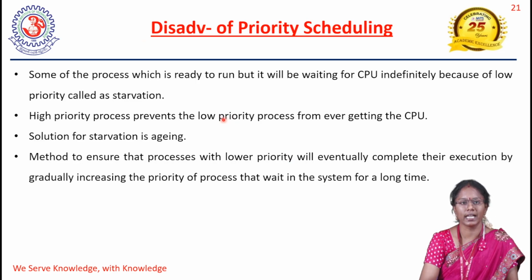What is the disadvantage in non-preemptive priority scheduling? If a process is ready to execute but has the lowest priority, and a highest priority process also arrives, the highest priority one enters the CPU, and the lowest priority one has to wait for so long. It leads to starvation.